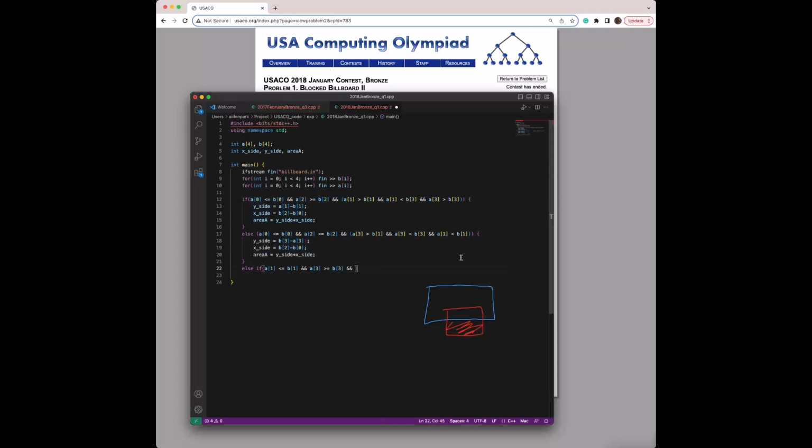So we can just do 0. Yeah, so the smaller x coordinate is greater than that of the bad one, but smaller than that of the upper bad one, and then, or I'll just draw it out.